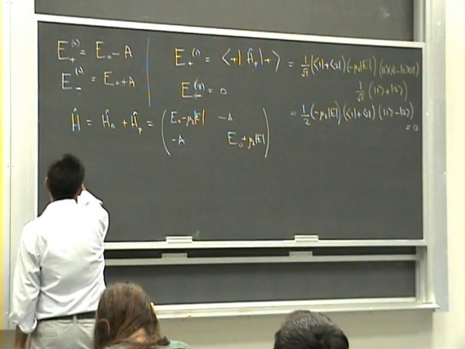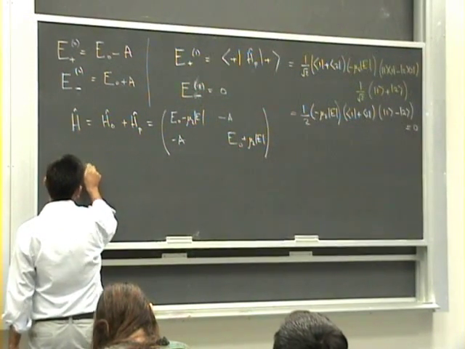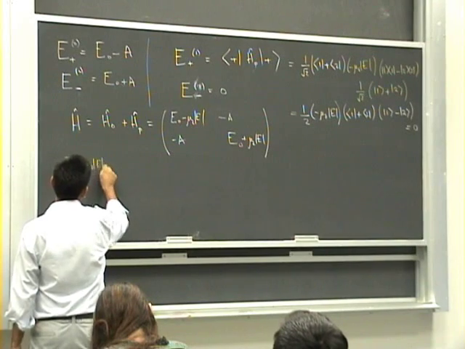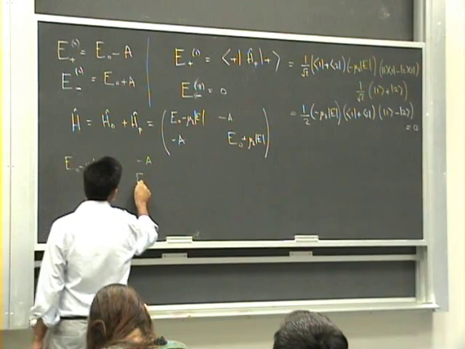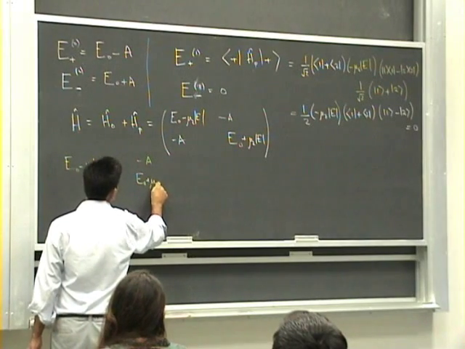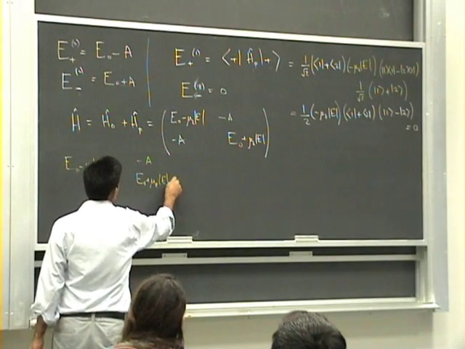So E naught minus mu z E minus lambda, minus A; E naught plus mu z E minus lambda.